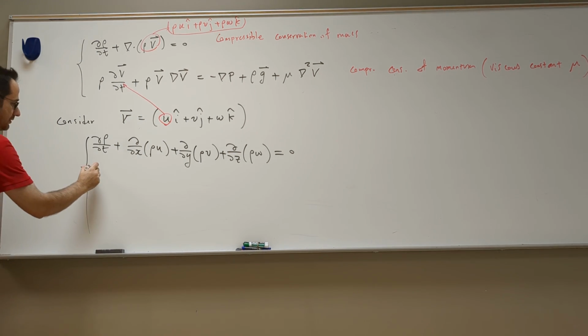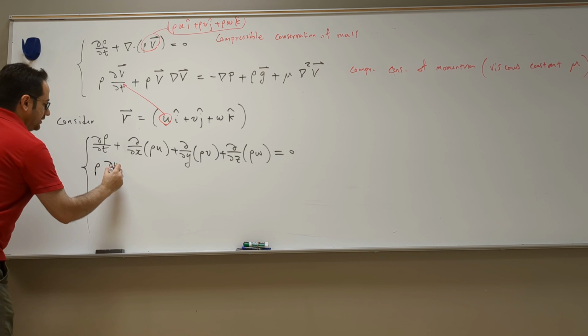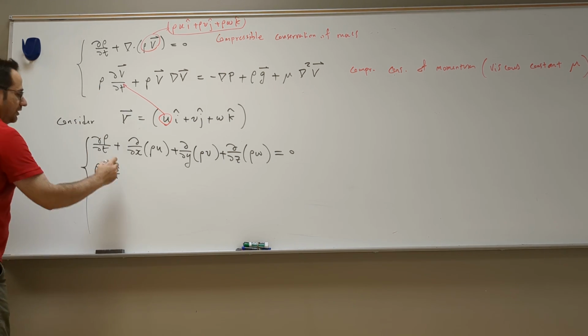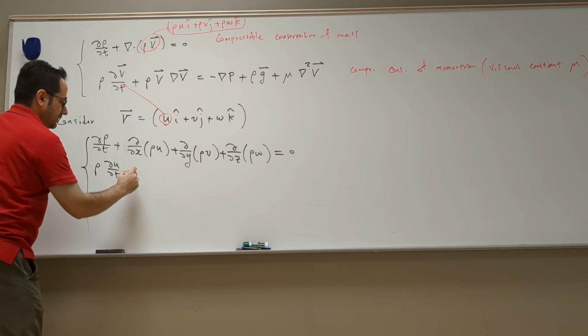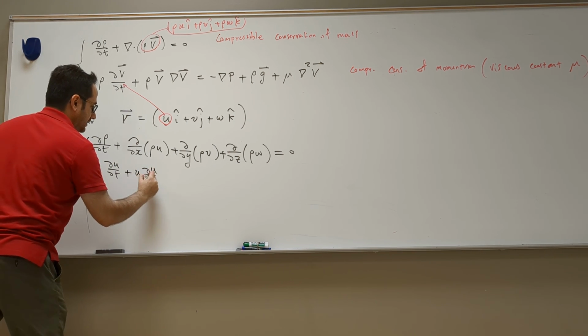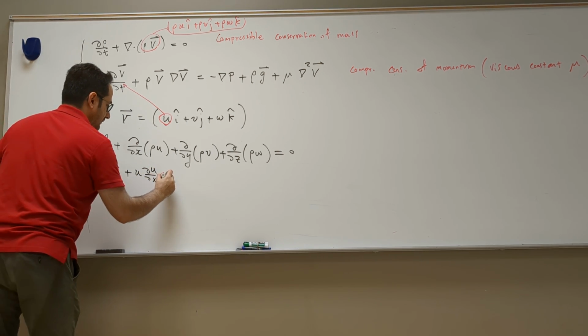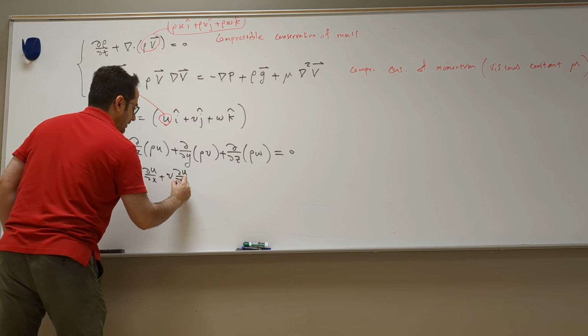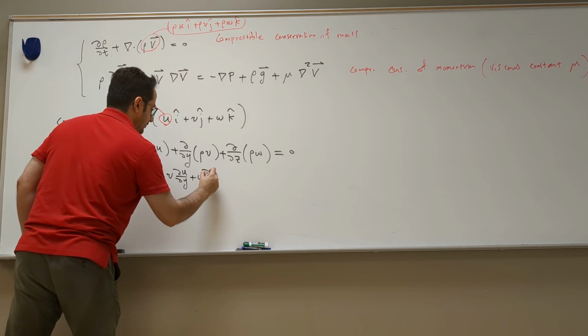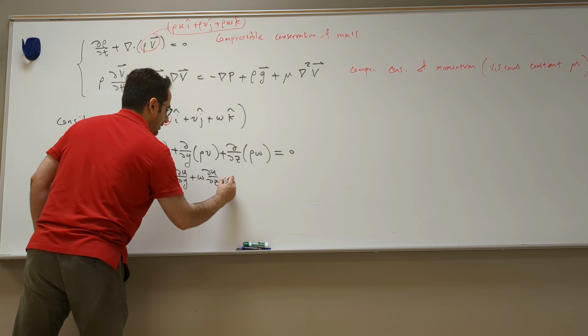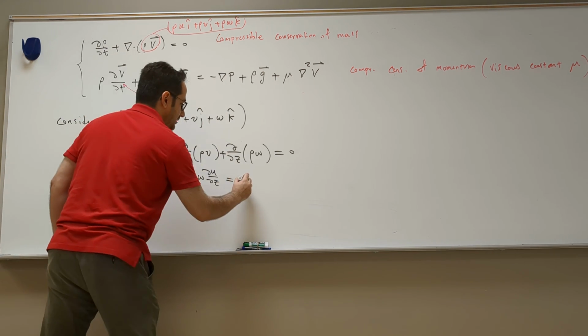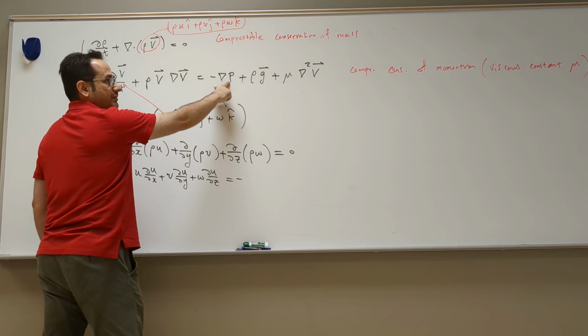You get rho du/dt plus u du/dx plus v du/dy plus w du/dz is equal to negative gradient p plus gradient d.